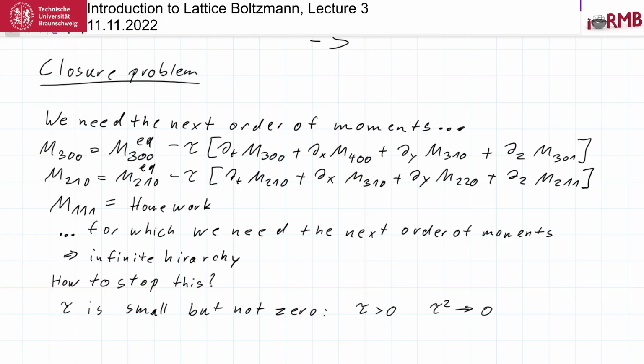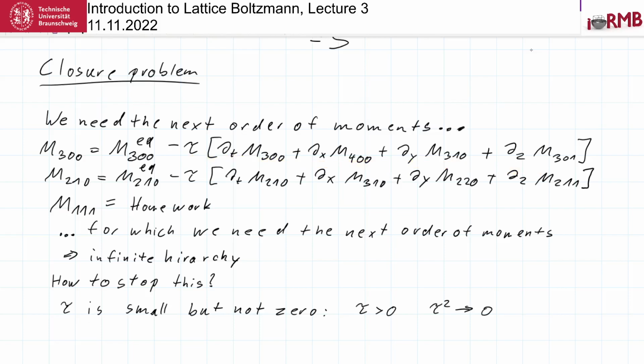So in the final equation, the equilibria of the third order moments come together with tau to the power of 1, while this here will become tau to the power of 2, because the entire thing comes with tau in front and is multiplied with another tau.